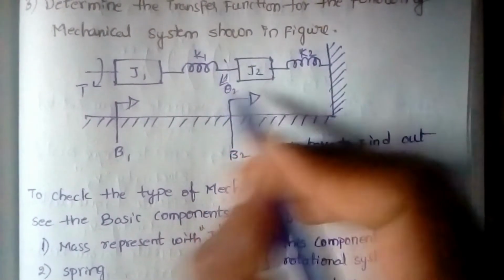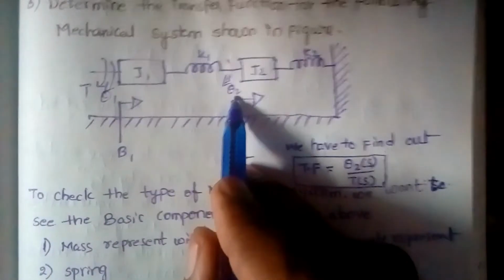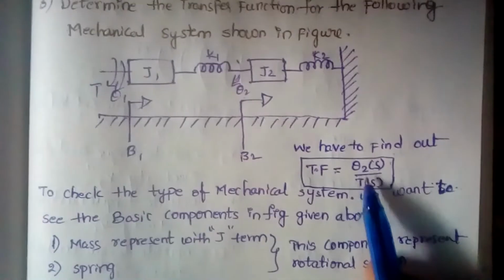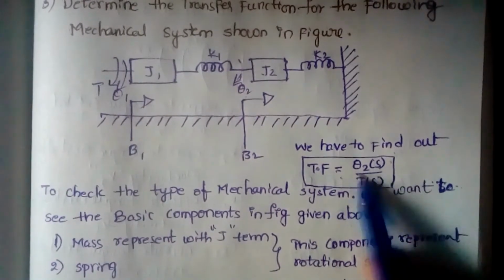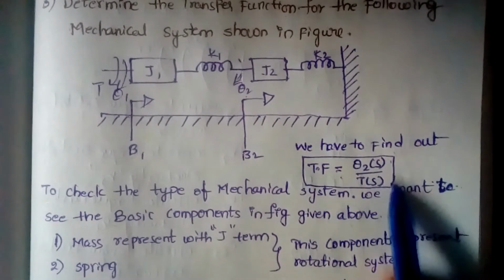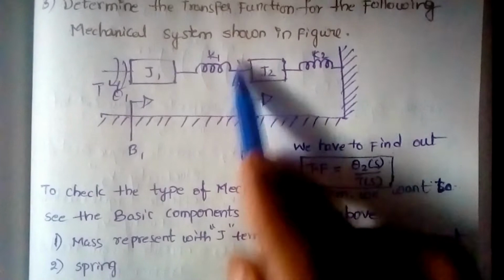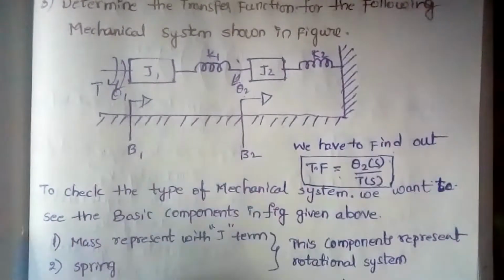Theta is not given, so you consider theta 1 and theta 2. Our output is theta 2 of s and input is T of s: Laplace of output by Laplace of input. The applied torque is the input and the output is theta 2. That is what we have to find.